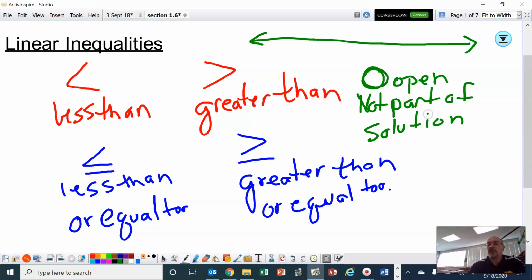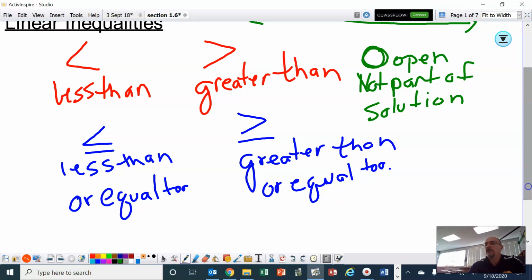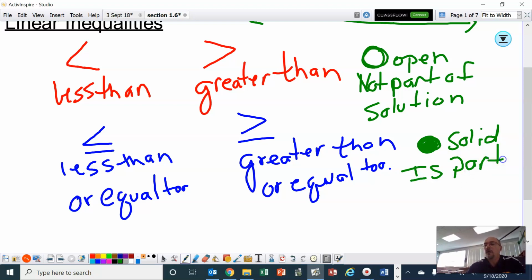Okay, if the equal to is on it, it's going to be a solid or closed dot. Okay, what does that mean? That means that number is part of the solution.